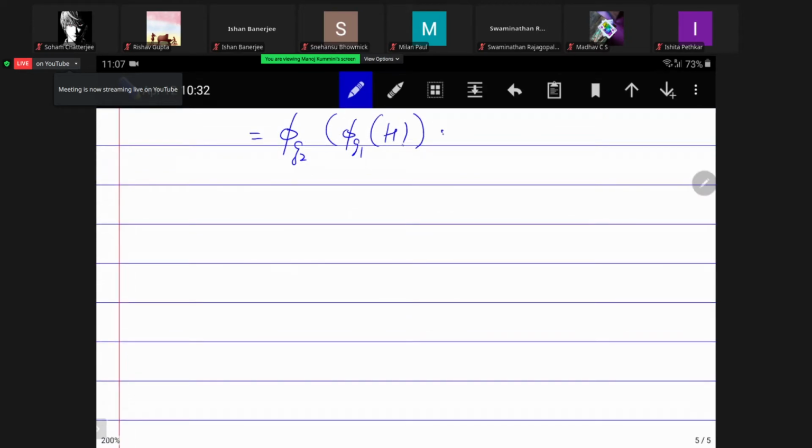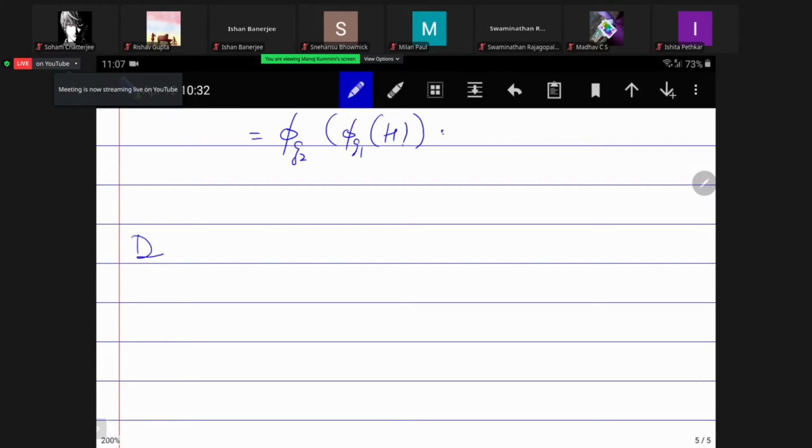So there are some notions related to group actions. The first thing that we need to think about is called the orbit of an element.